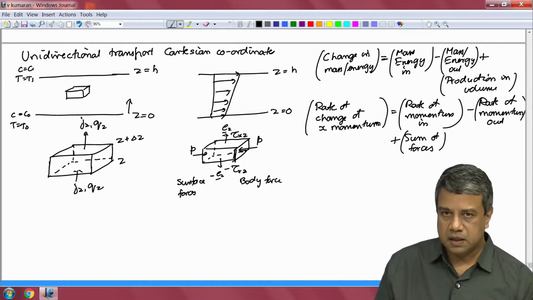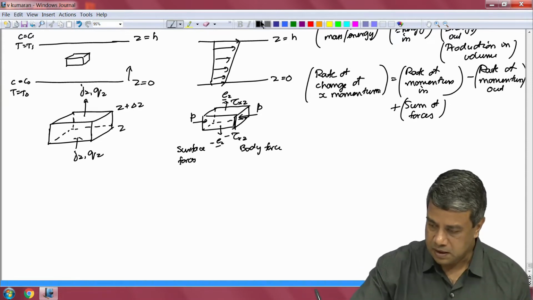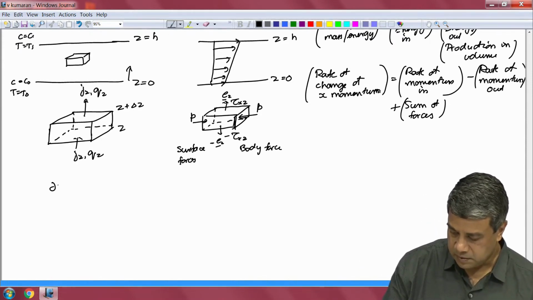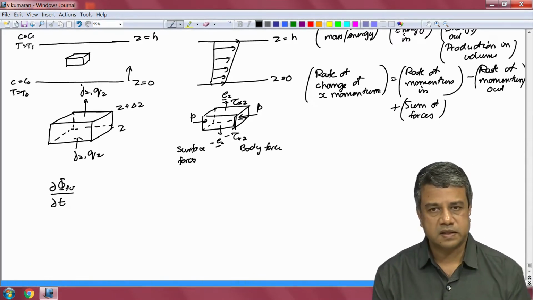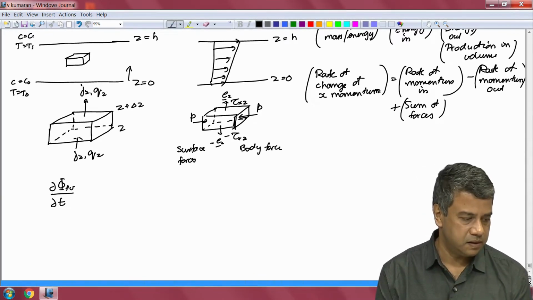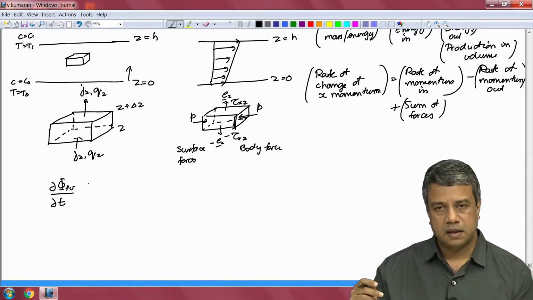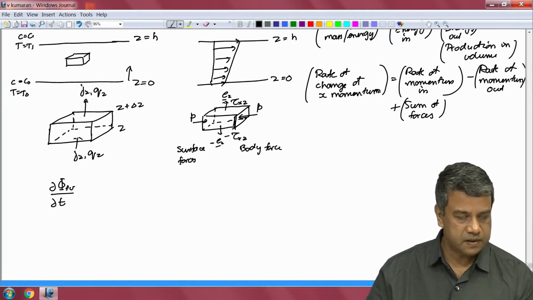And if we do all of this, we get in the end a common form for the differential equation. Partial of phi Fv by partial t, where phi Fv is the field variable, temperature, concentration, velocity.